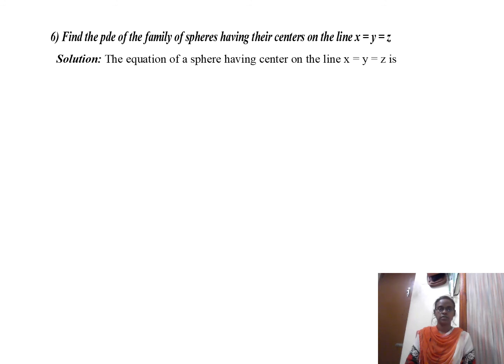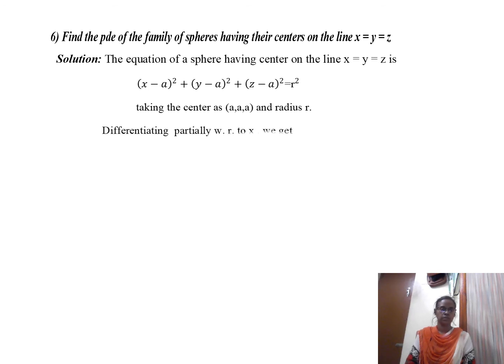Yeah, x minus a whole squared plus y minus b whole squared plus z minus c whole squared equal to r squared. But here specifically the center is on the line x equal to y equal to z. So we need to take the center as a, a, a, and that is why the equation is like this.